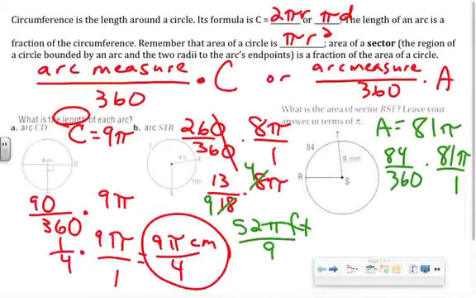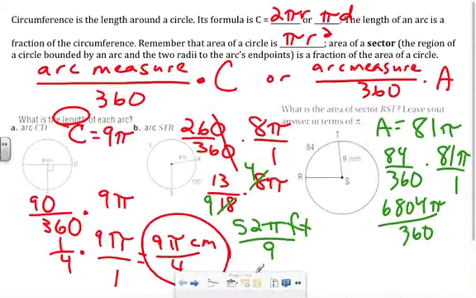So when I do, I have 84 times 81, which is 6804 pi over 360. And I could take that 6804 and divide by 360 and get 18.9.